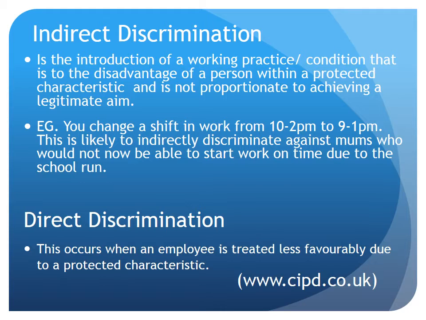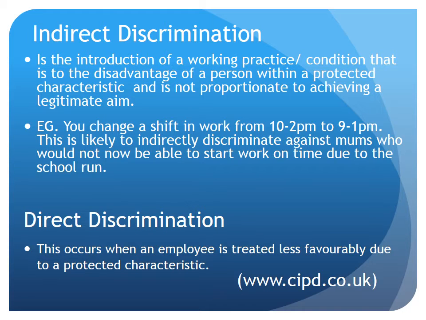Indirect discrimination is the introduction of a working practice or condition that is to the disadvantage of a person with a protected characteristic, and it is not proportionate to achieving a legitimate aim. For example, if you change a shift pattern in work from 10 till 2 to 9 till 1, this is likely to indirectly discriminate against mums who would now not be able to start work on time due to the school run.